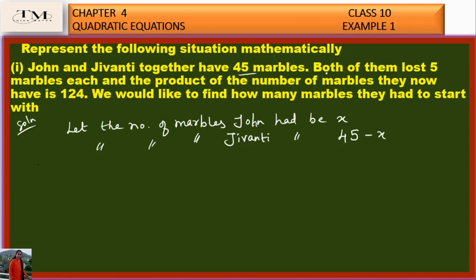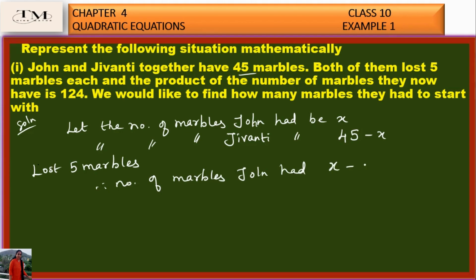Next, both of them lost 5 marbles each. When they lose 5 marbles, the number will be 5 less, that is x minus 5. Therefore the number of marbles John has is x minus 5.